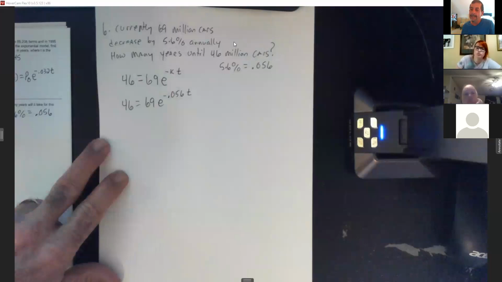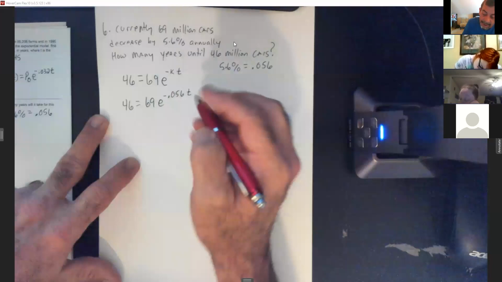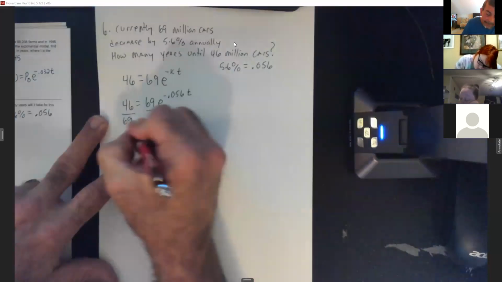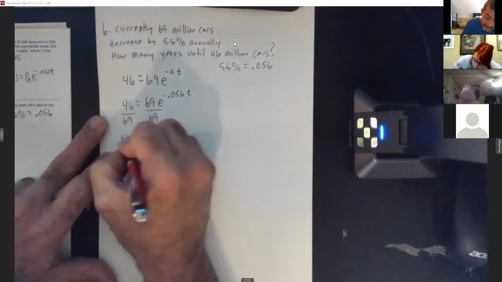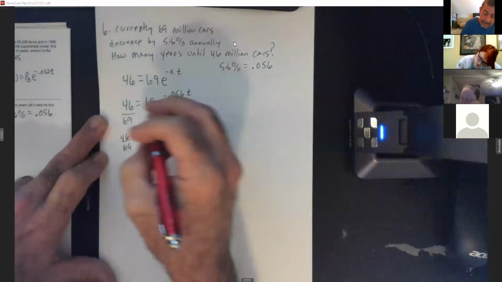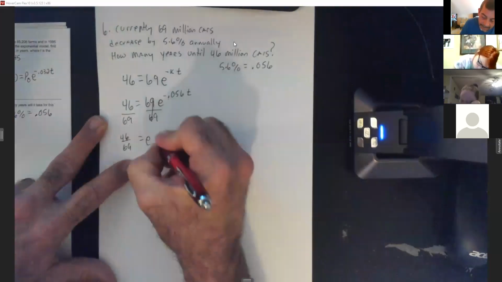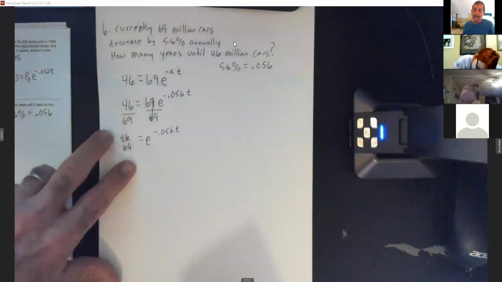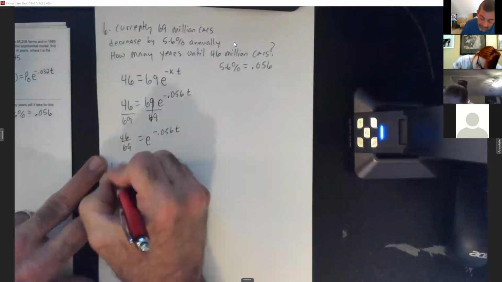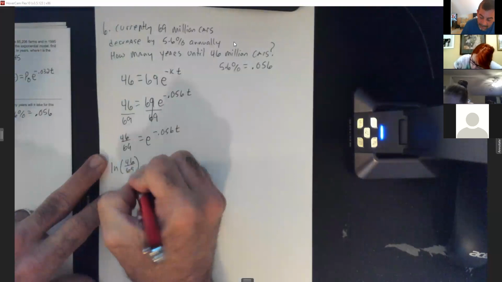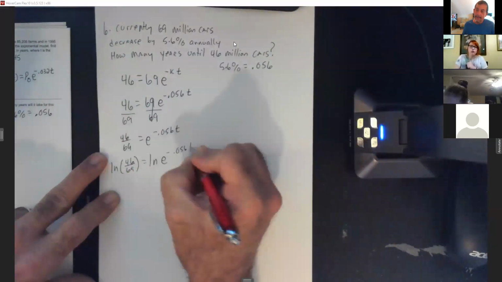So now all we're looking for is that t there. Remember, start out by dividing by the 69. And then I'm going to take the ln of both sides. Remember what that's going to do?